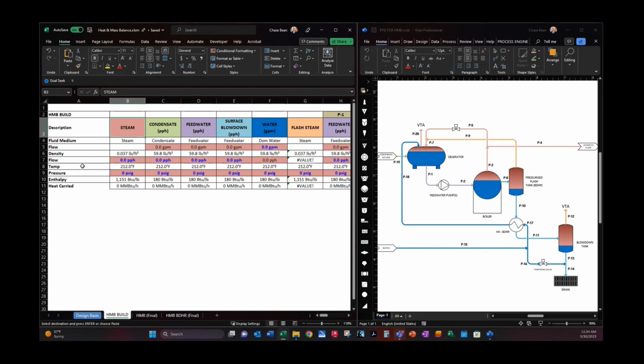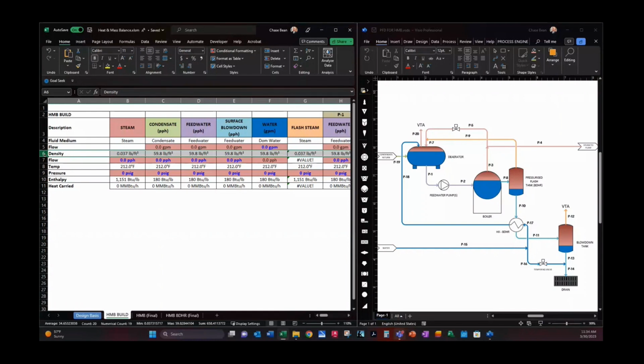So the saturation temperature on this line is looking up based on saturation pressure. The enthalpy is looking up based on the saturation temperature. Density is looking at, so I have formulas in here. It's actually a macro that I have that's looking up steam properties. So as I adjust pressures and temperatures, those formulas will update the properties.